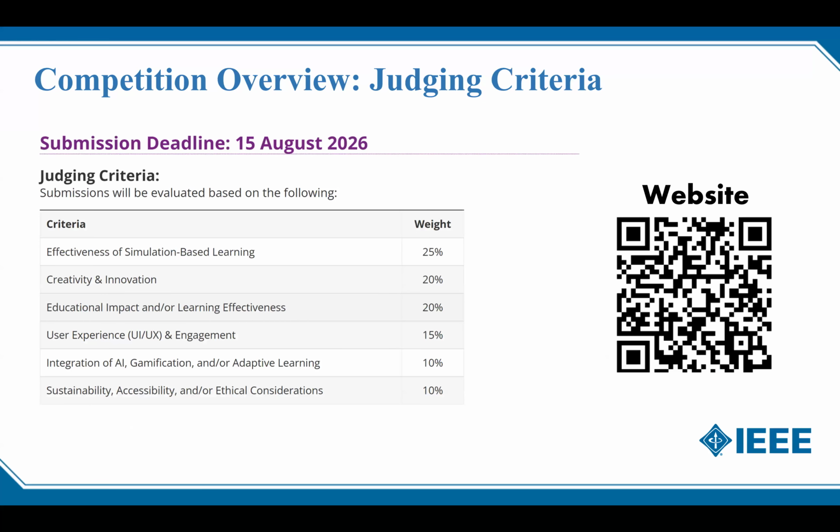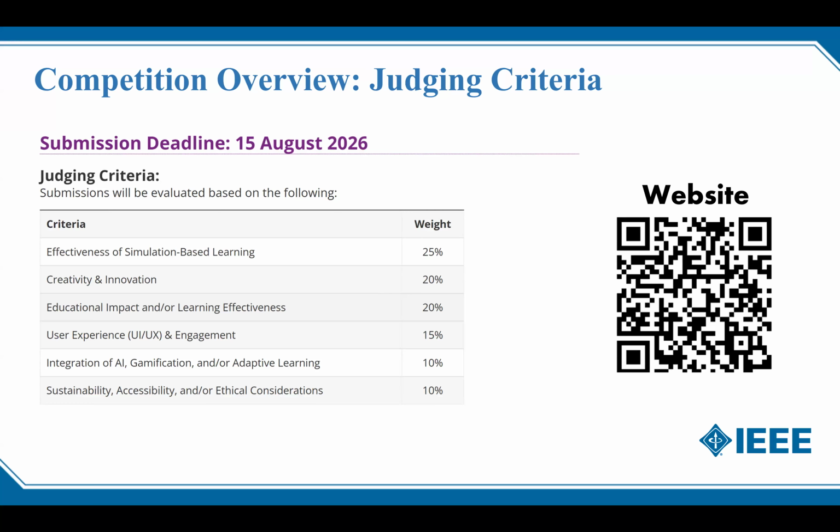Okay, then you should also know how the projects will be evaluated by the judging panel. One of the most common questions we receive is: what are the judges looking for? You can see the most important criterion, accounting for 25% of the total score, is the effectiveness of simulation-based learning.